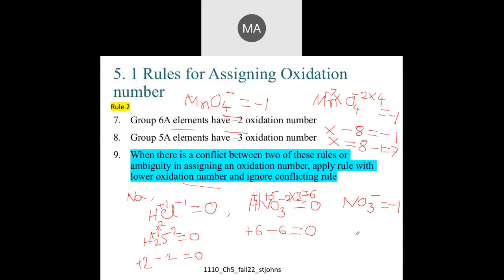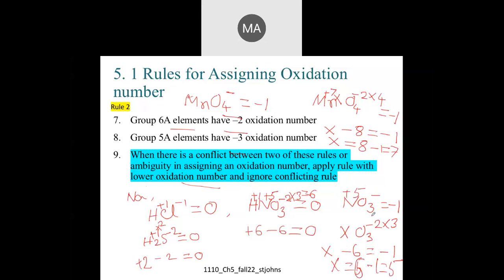The oxygen charge here is -2 times 3, because we have 3 oxygen atoms. Nitrogen is considered X. So X plus 3 times -2, negative 6, equals -1. So X equals 6 minus 1, equal to 5. So here the nitrogen charge will be +5.